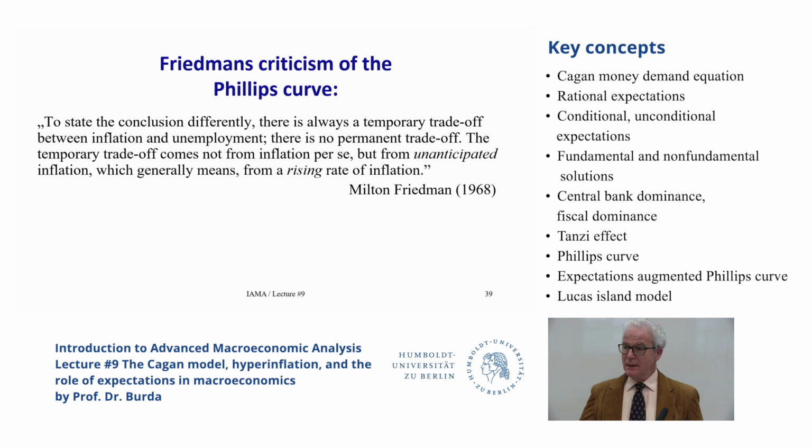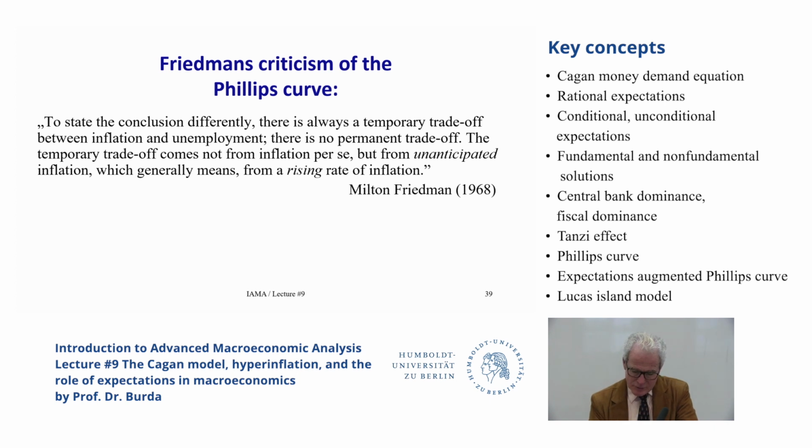I think Helmut Schmidt famously said he would rather have 4% inflation than 4% unemployment. That's a long time ago, but that type of thinking, connecting a nominal variable with a real variable, seemed to Milton Friedman to be a rather dangerous thing.